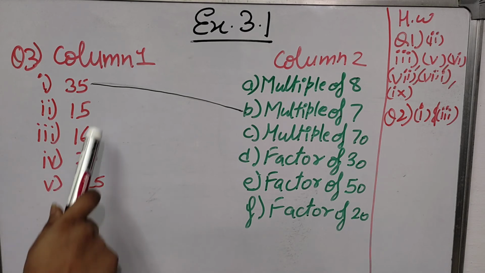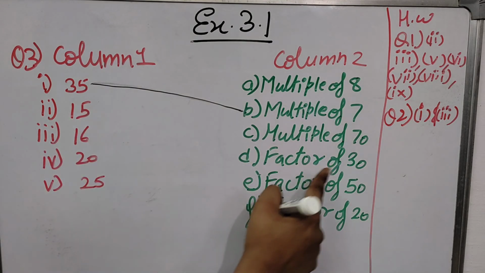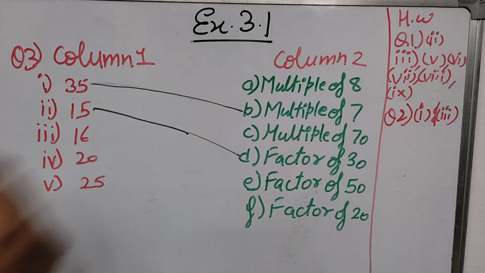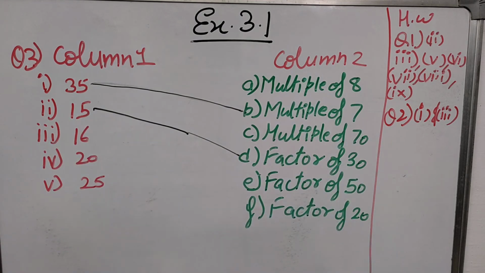So this is also wrong. Factor of 30. Yes, 15 is a factor of 30. You can divide 30 with 15 and you will get a complete quotient, and remainder will be 0. 15 2s are 30. So this 15 is a factor of 30.